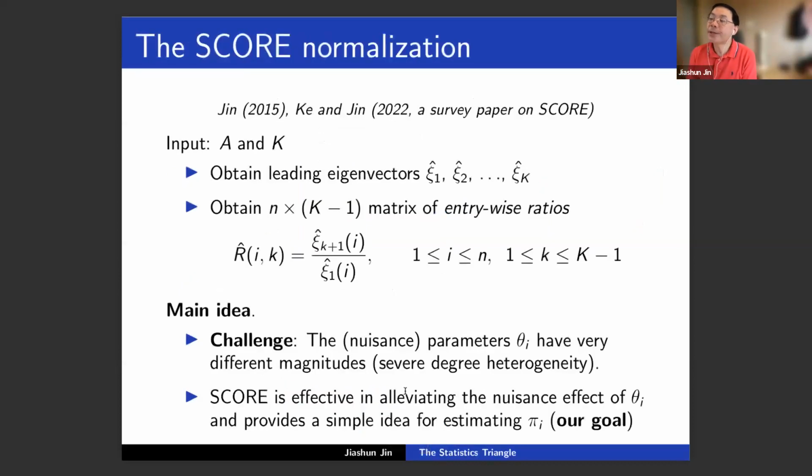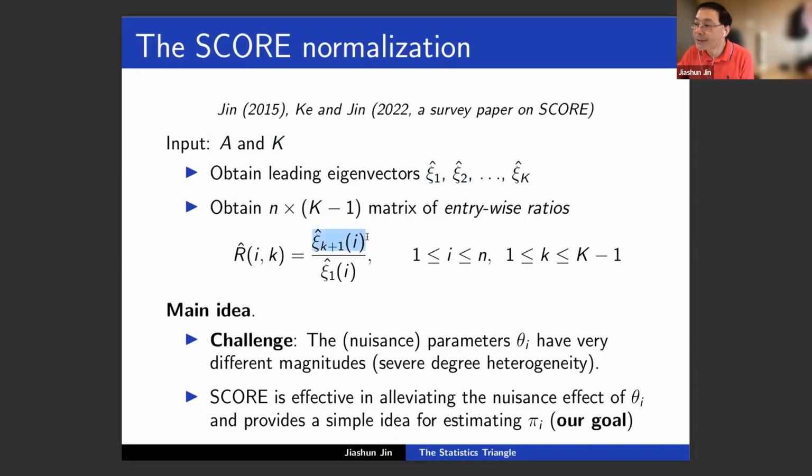This is done by so-called SCORE normalization. There are many ways to remove the nuisance effect of theta i, but it turns out SCORE is the most effective compared to others. For example, you can use the so-called Laplacian normalization, but it's less effective compared to SCORE. The idea of SCORE is very simple. Input the adjacency matrix and the number of communities K. You obtain the leading eigenvectors.